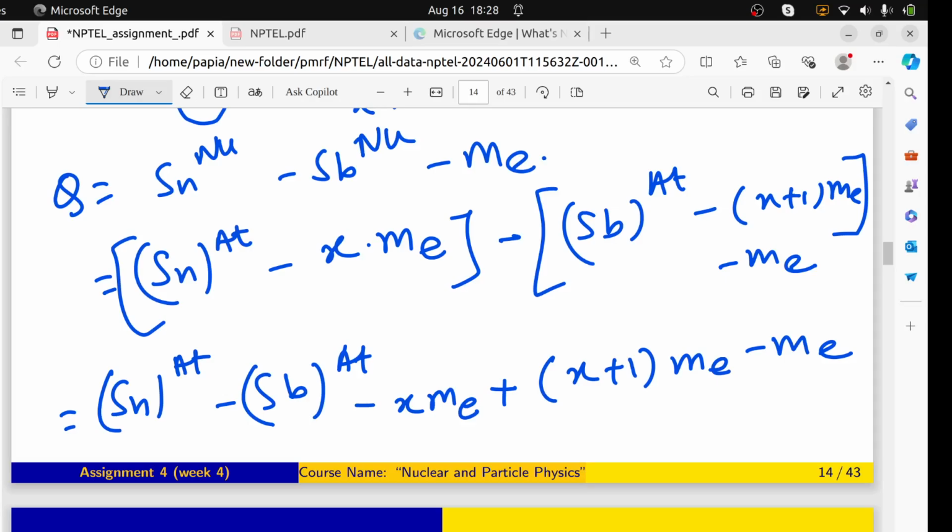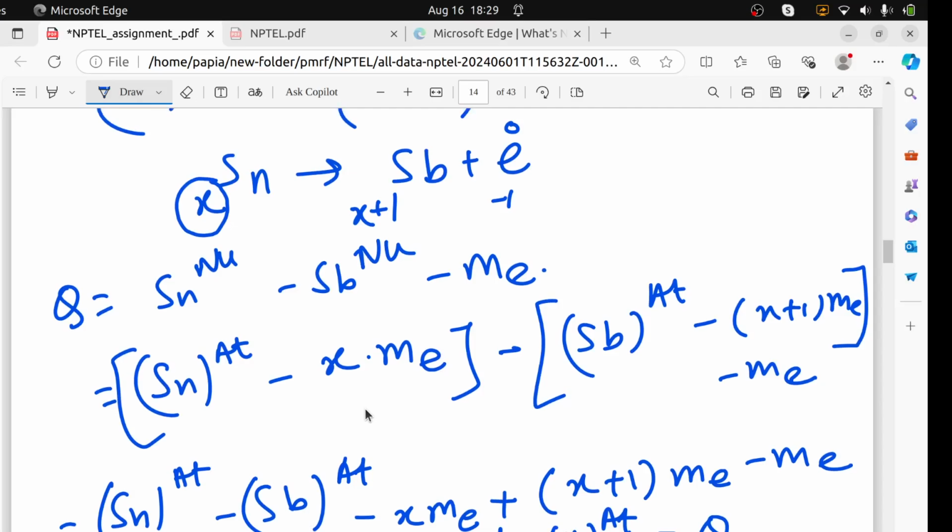So Sn At minus Sb At minus x Me plus x plus 1 Me minus Me. So the answer will be like Sn At minus Sb At. Now see, minus xMe plus xMe, xMe will cancel out, plus Me minus Me will also be cancelled out. So this will be nothing but the Q value. So Q value will be Sn At minus Sb At.